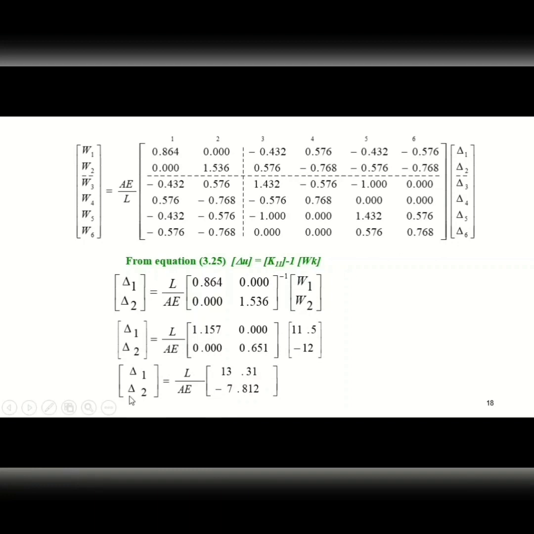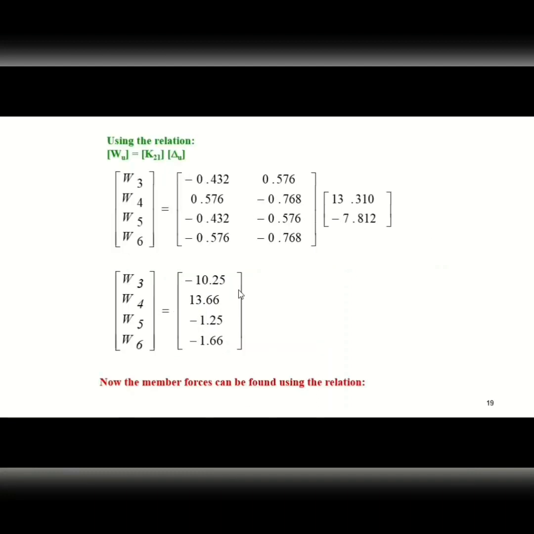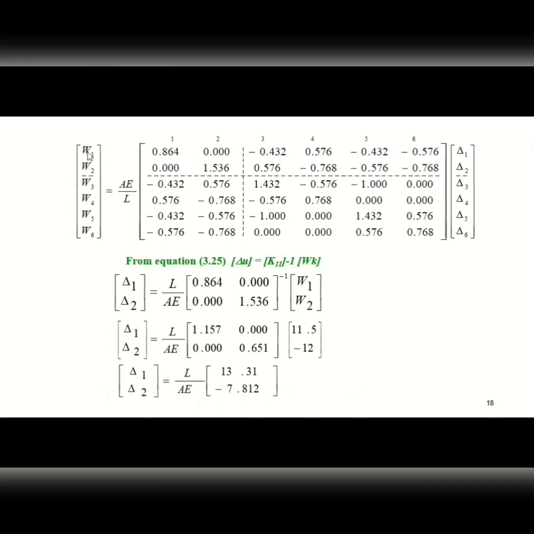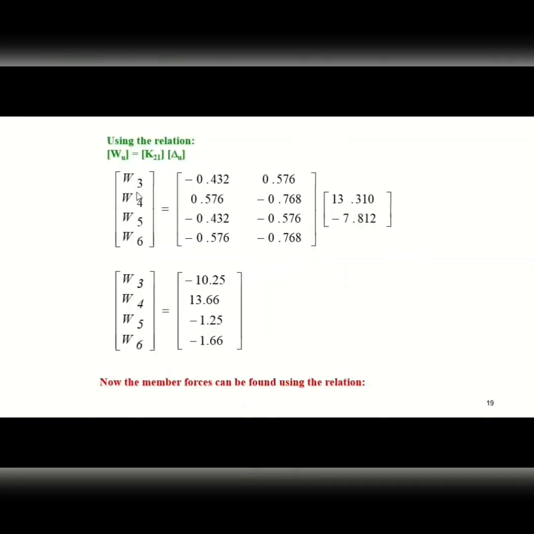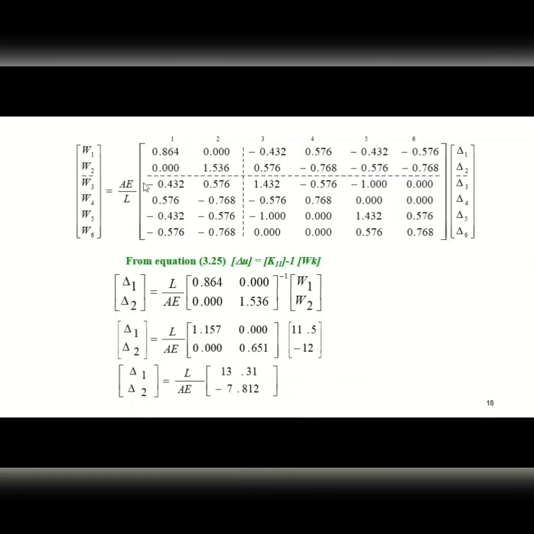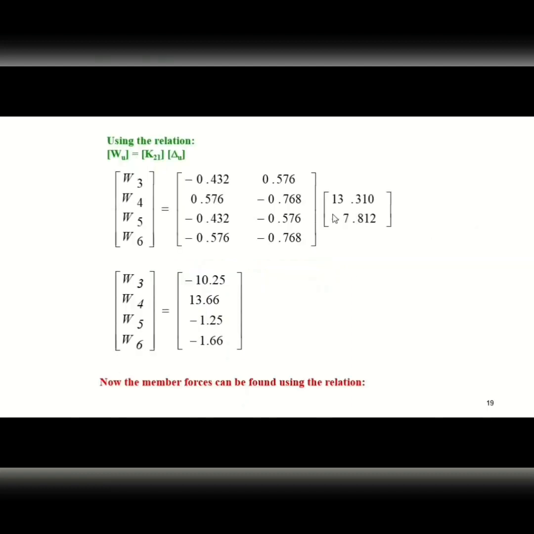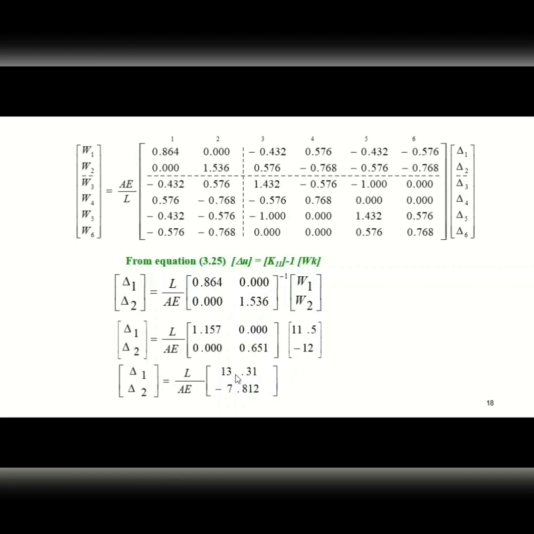Now we know the delta 1 and delta 2 values, or W1 and W2. The remaining portion is required: W1 and W2 we know, W3, W4 and W5, 6 we can take here. This is all taken from this value, and same as it is 13 and delta 1 and W2. By the reference of delta 1 and 2 we can find the remaining forces.